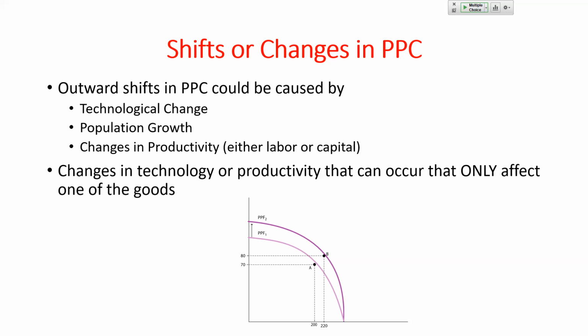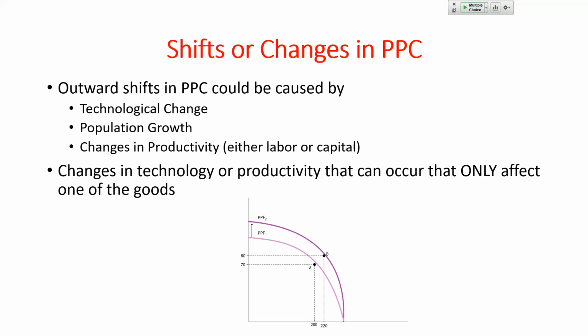So that if I'm only producing computers, I can now, with this new technology, produce a lot more of them. However, if I was only producing wool, this technology doesn't play a role at all in wool production, so that point would stay the same. Well, now my new production possibilities curve, right, kind of has this shift out, right? But it only shifted on kind of one good, or one axis.